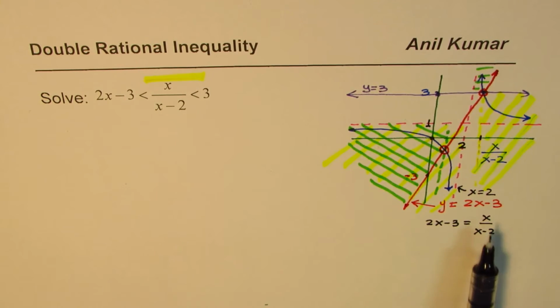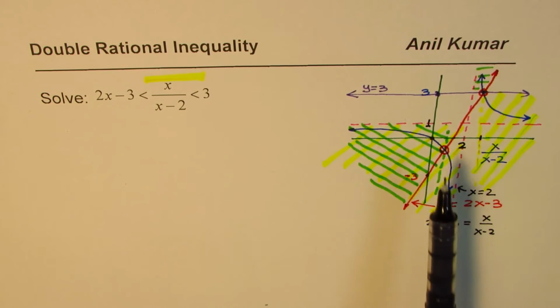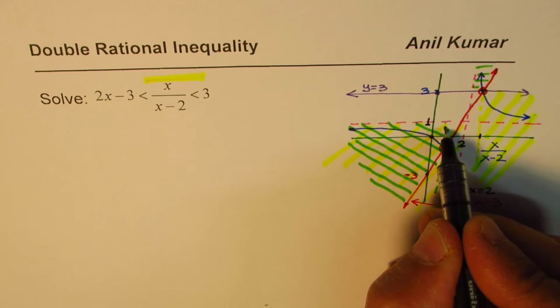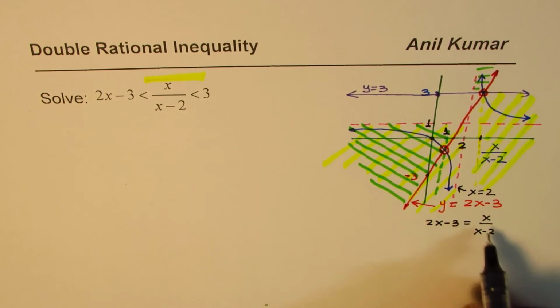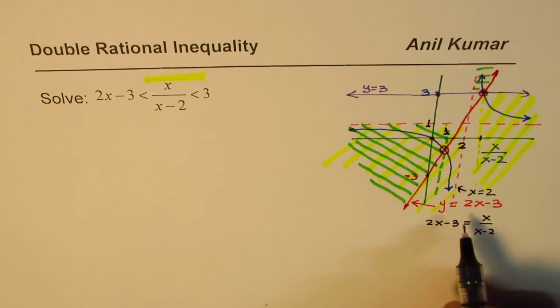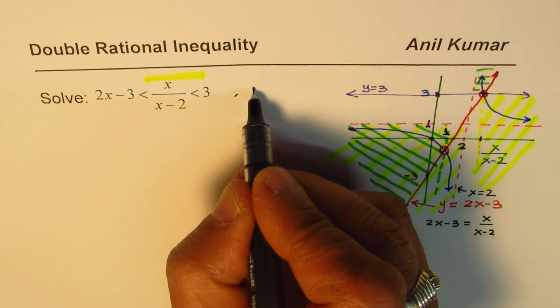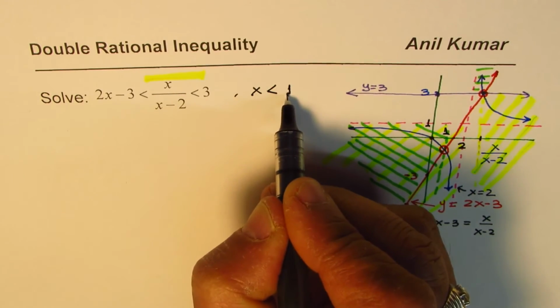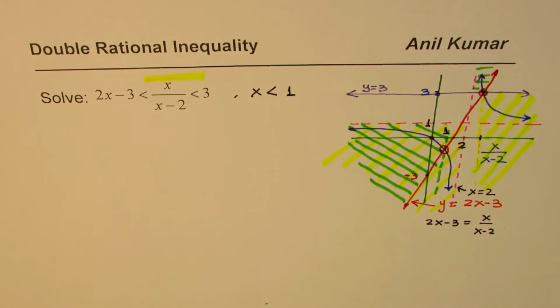So at 1, we get minus 1 here, and approximately from the graph, which may be a rough sketch but gives you a fairly good idea, 2 times 1 minus 3 is minus 1. So this point seems to be 1. So when you solve this, you will get the solution that x is less than 1, correct? So that is the only solution for the given double inequality.